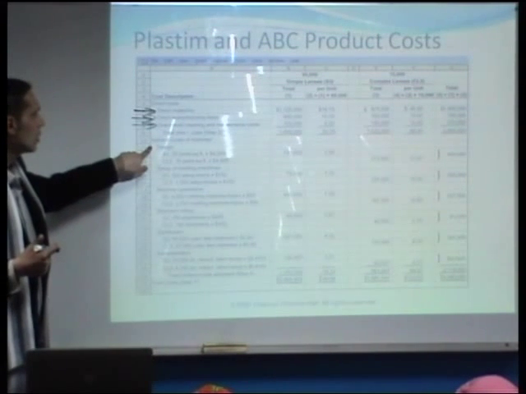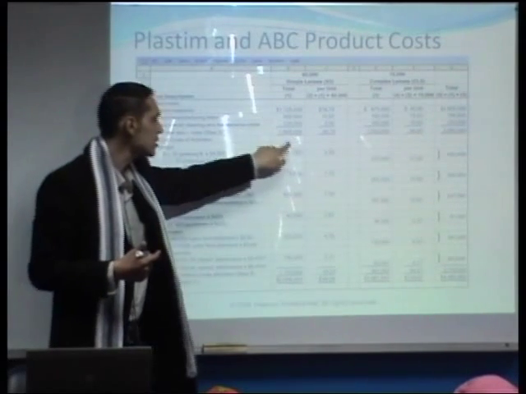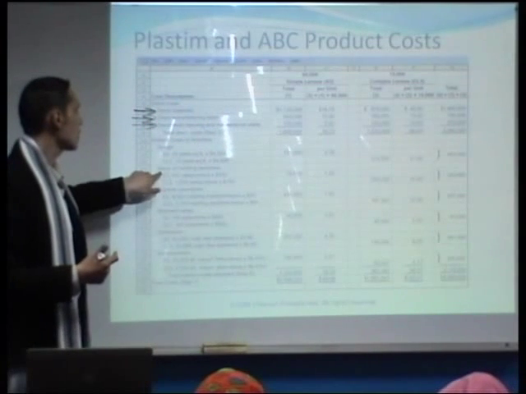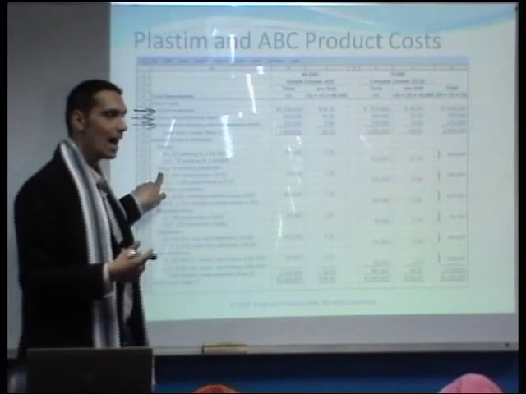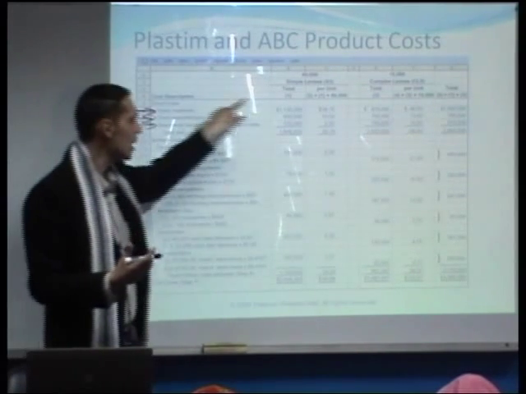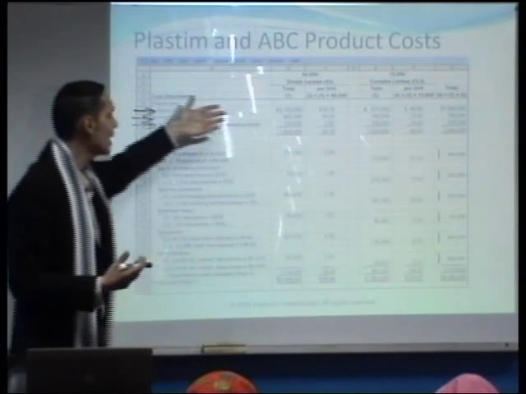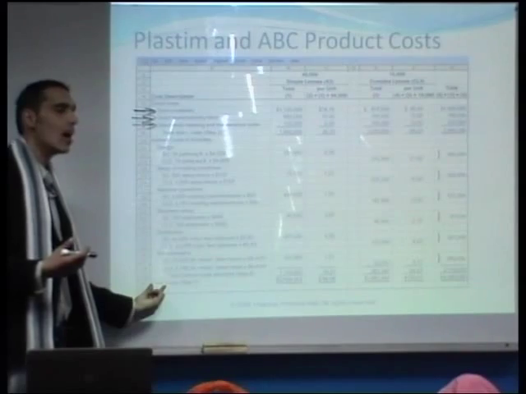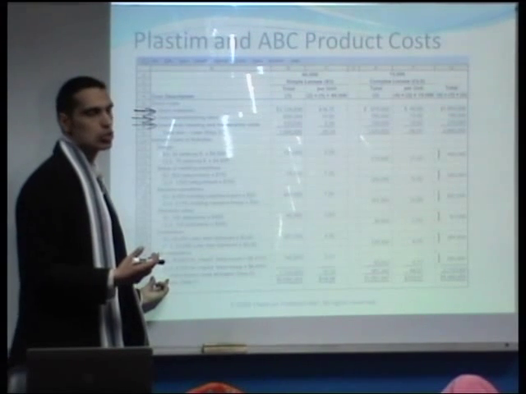Therefore, here we allocated the cost of the design onto the S3 and onto the CL5. The same thing for the setup of molding machines. We allocated the costs onto the S3 and onto the CL5, and this goes through until we end up with the total indirect costs.